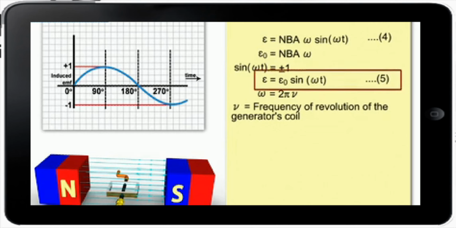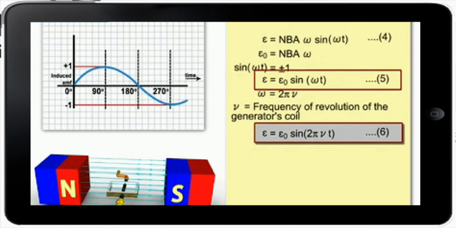Substituting the value of omega in equation 5, we get E is equal to E0 sine 2 pi nu t. Let us label this as equation 6. Thus, equation 6 gives the expression for the instantaneous values of the EMF.